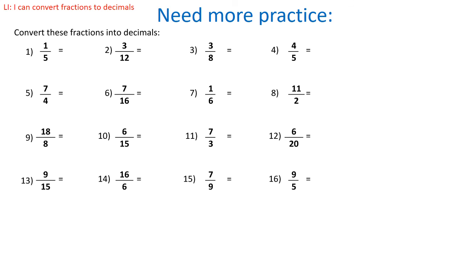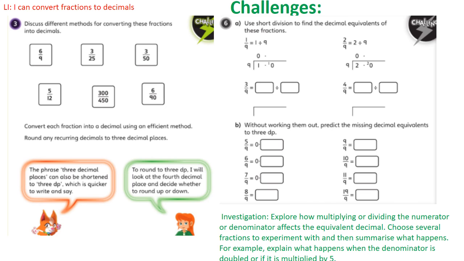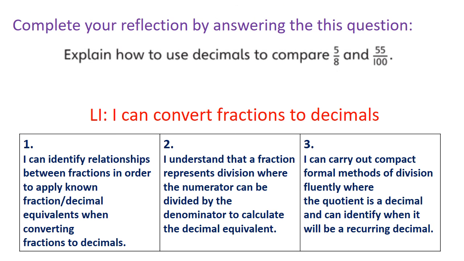If you fancy more practice, you've got some there. You're either going to do that, or you'll do the challenges, depending how you got on. And then finally, do your reflection. Explain how to use decimals to compare 5/8 and 55 hundredths. And that's it. Have fun.